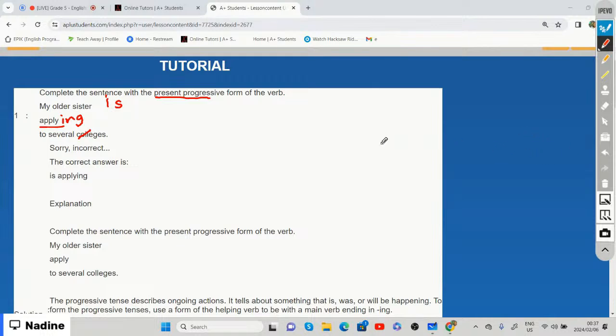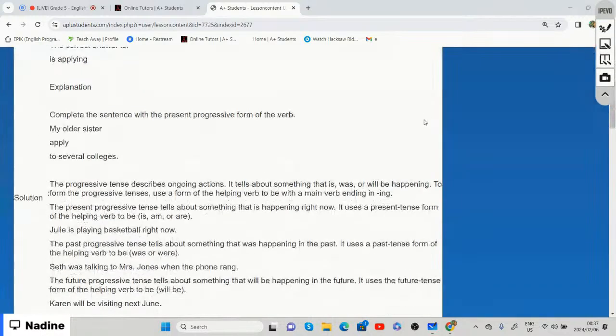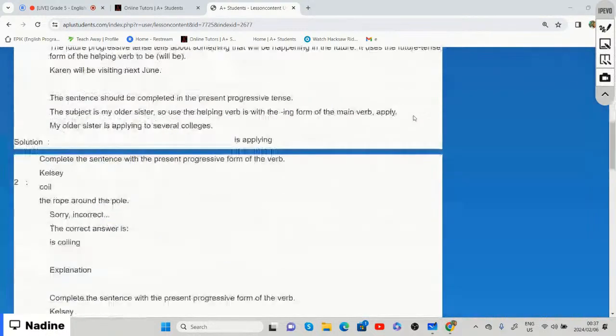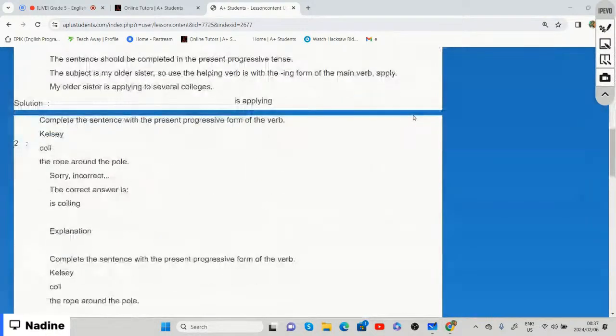So we basically say my older sister is applying to several colleges because is shows the present tense. So we need to complete the sentence with the present tense.